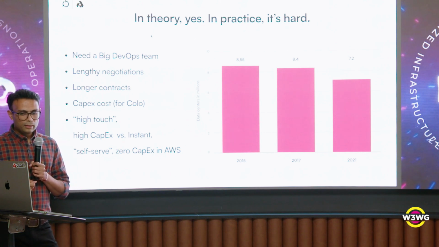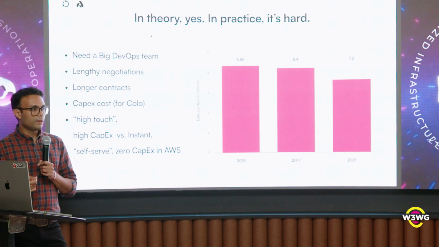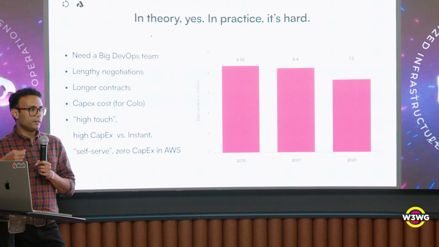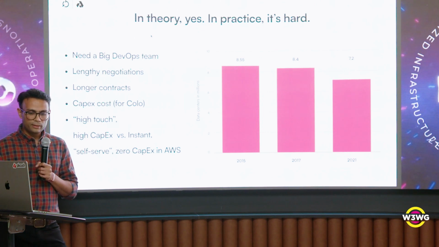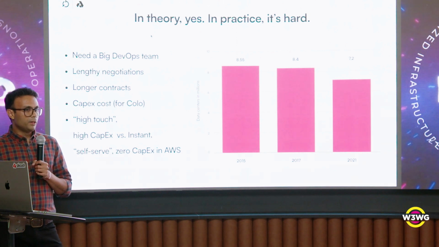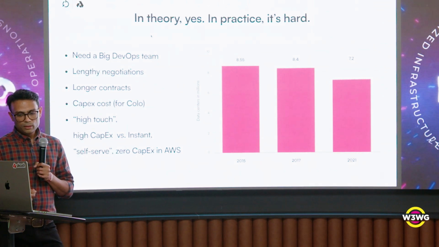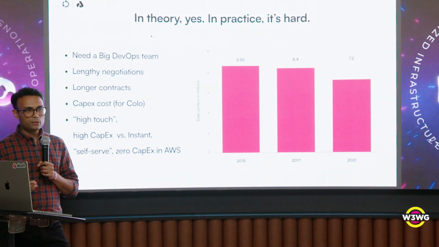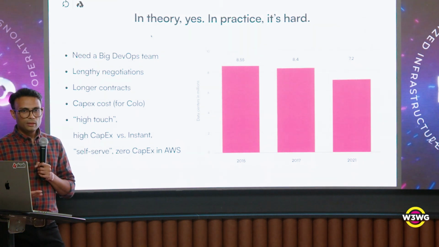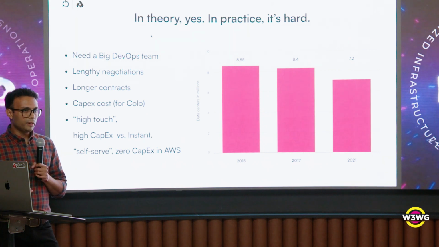Next, you need lengthy negotiations and contracts with each of these different data center companies. If you're hosting your infrastructure in a co-location center, then you need some sort of contract there, and there's a capital expenditure cost associated with that as well. So at the end of the day, this makes it a really high touch and high capex situation. And that's where the public clouds really flourish.